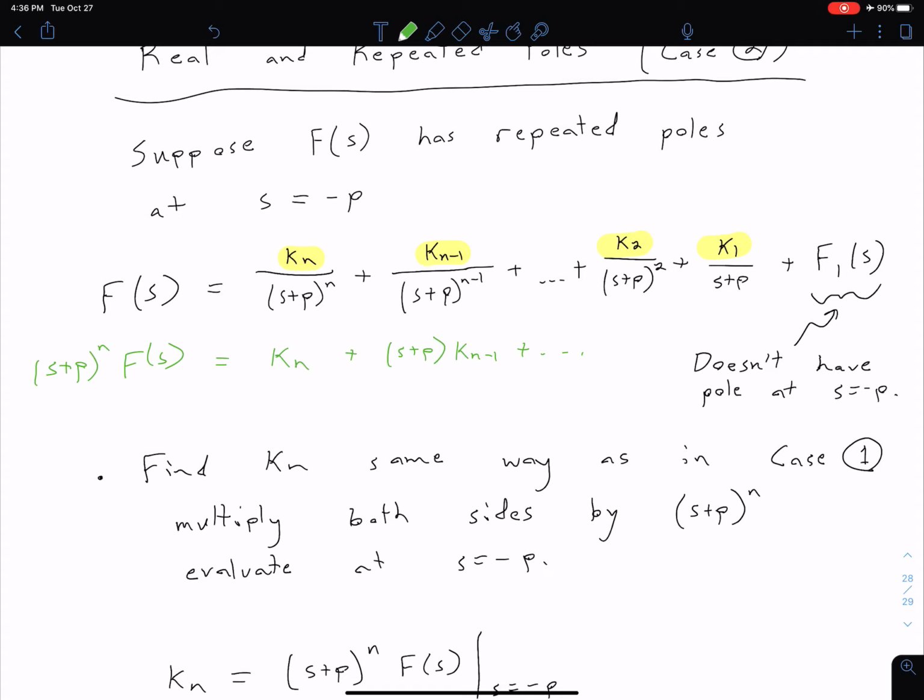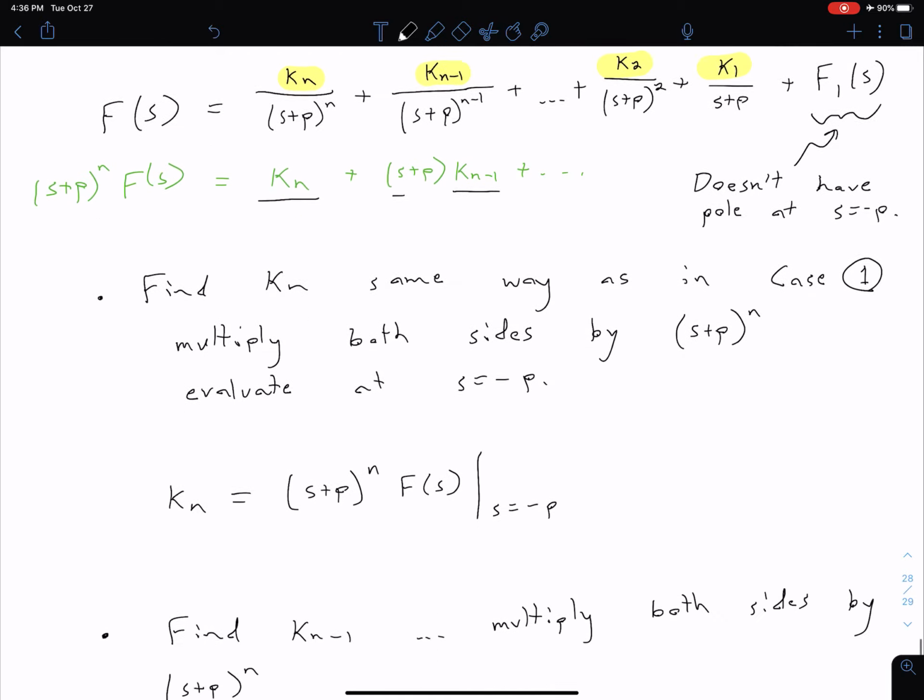A clever way to get around this is to take the derivative of both sides. Because this k sub n is just a constant, taking the derivative of that value is going to make it go to 0. And here we have our residue multiplied by an s, so our result is just going to be the residue.